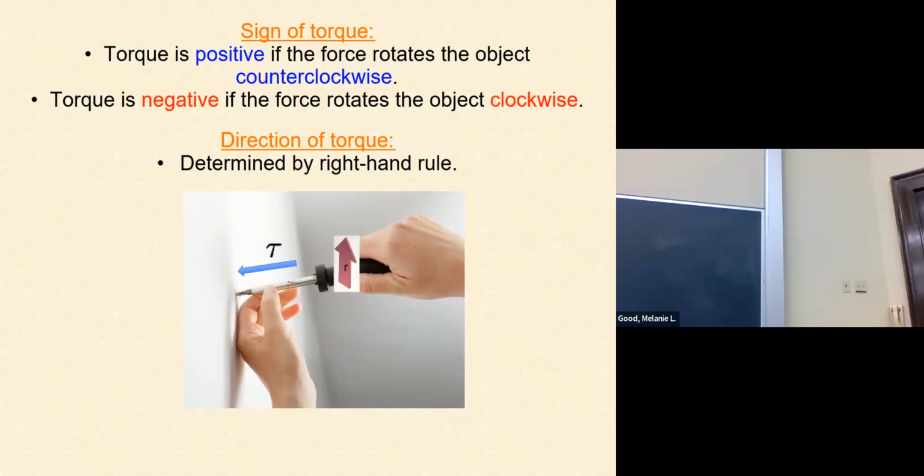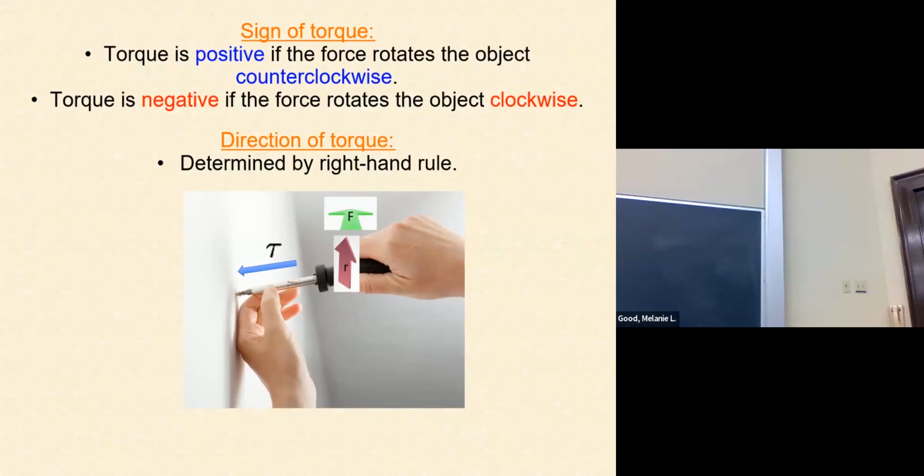So I can use that principle, and I could imagine my thumb going in the direction of the torque, the radius of the screwdriver going like this, and then my fingers curling in the direction that I'm turning the thing in. I'm applying the force like this, right? That would give me a negative torque. Now, if I wanted to unscrew that, then I really would want to apply the force this way.